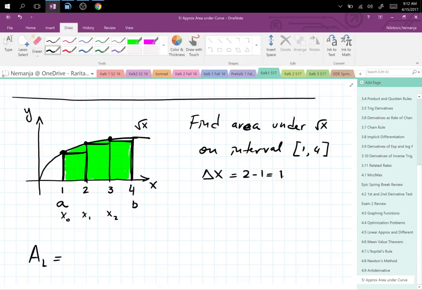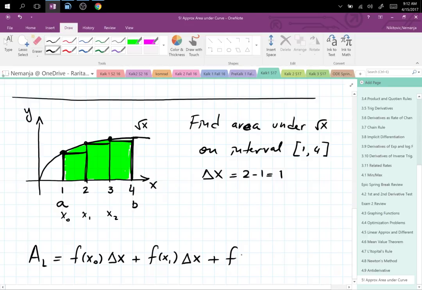So delta x is definitely 1. So AL will be function computed at x0 times delta x, that's the first rectangle, plus function computed at x1 times delta x, plus function computed at x2 times delta x. So these are 3 rectangles that you can see on the picture.